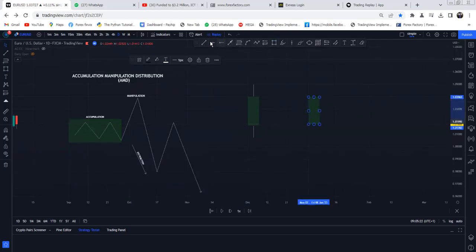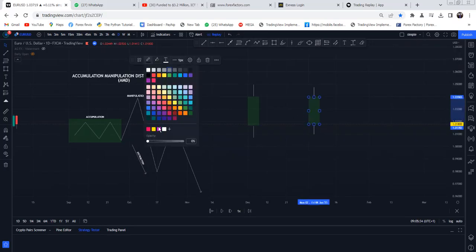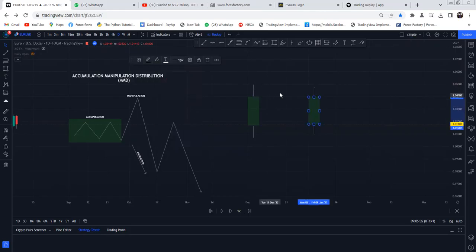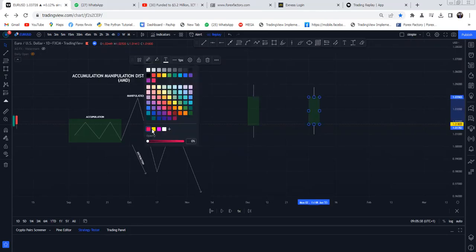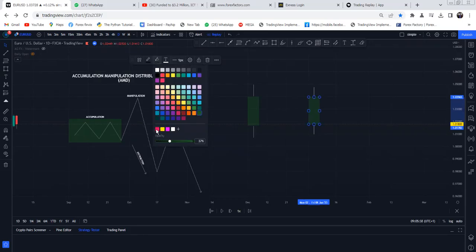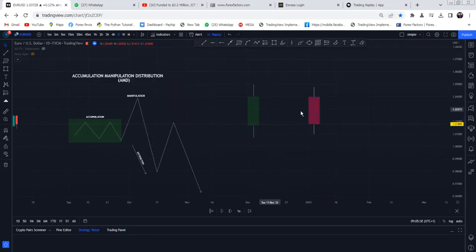I want you to know how to read a candlestick, because if you do, this will be very easy for you. This is a red bearish candlestick, and this is a bullish candlestick.